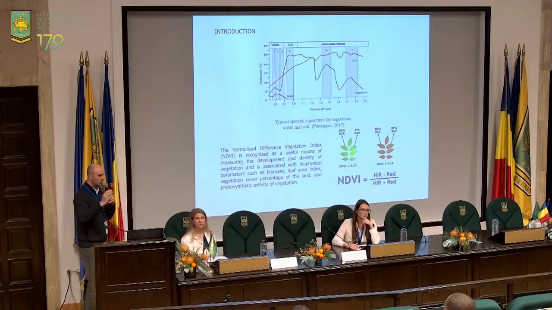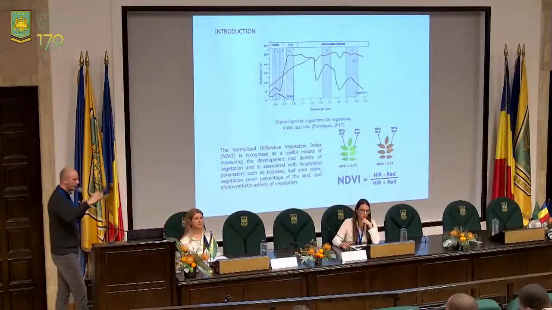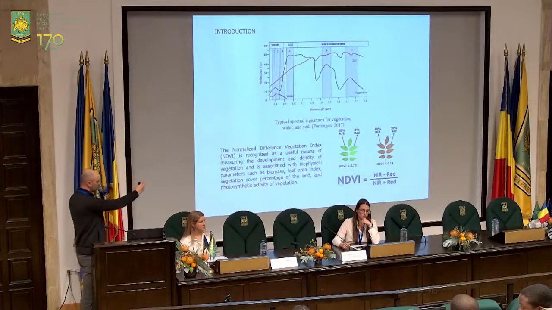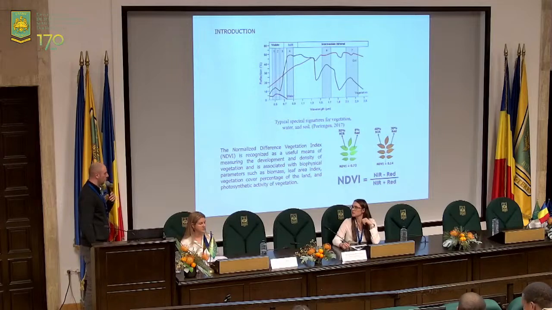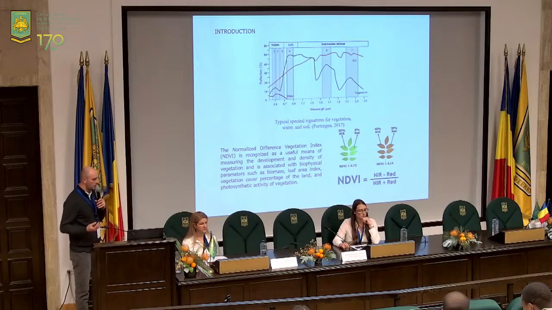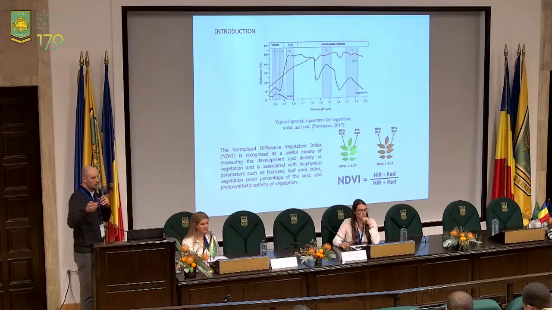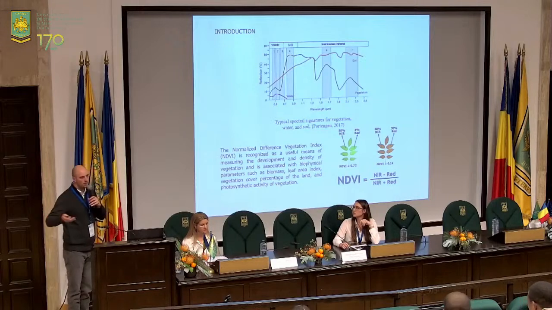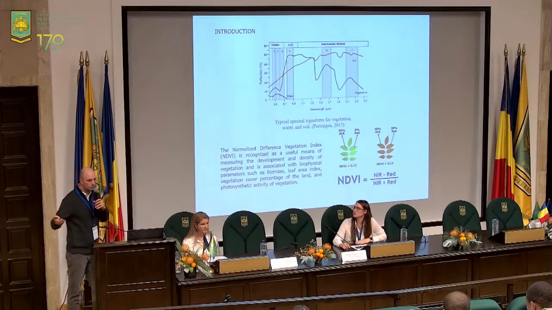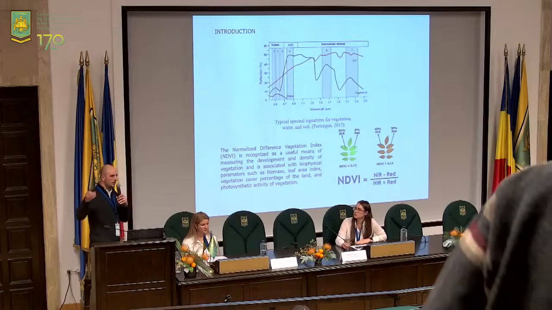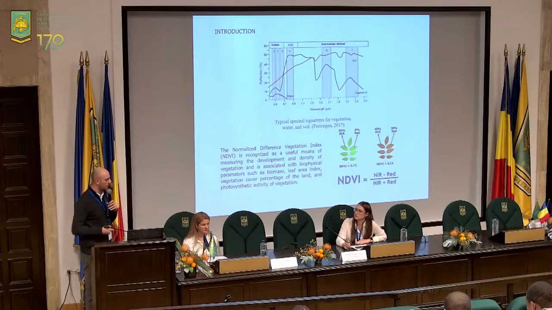It's quite simple: take the red and skip the infrared. So we can measure the NDVI index, which gives us information about the vigor of the plant. What we do with this vigor map we may find in the future, because a lot of tests remain to be done in this field.